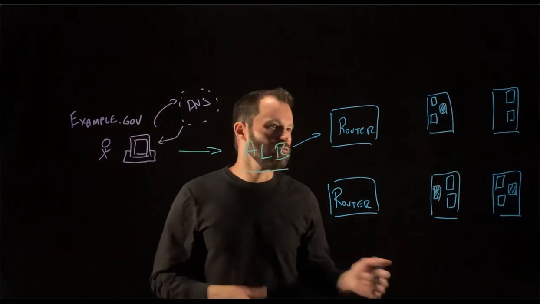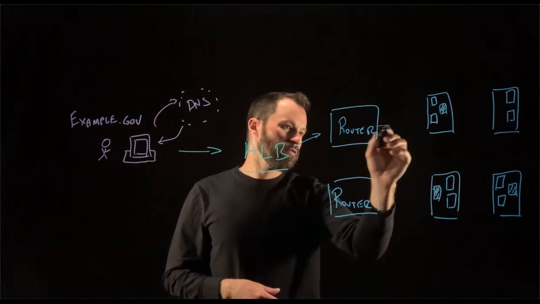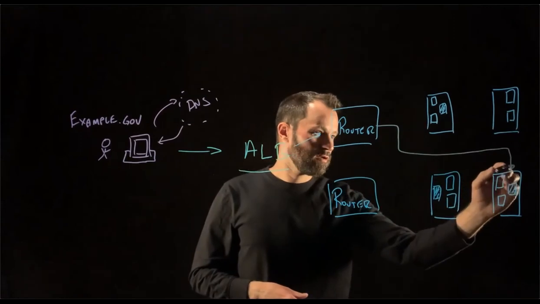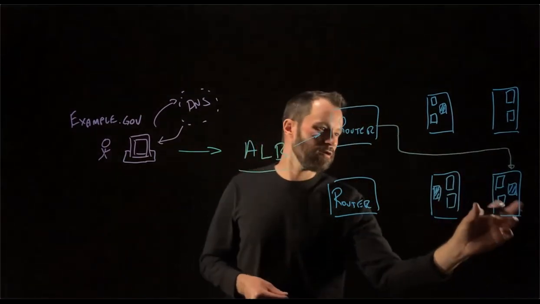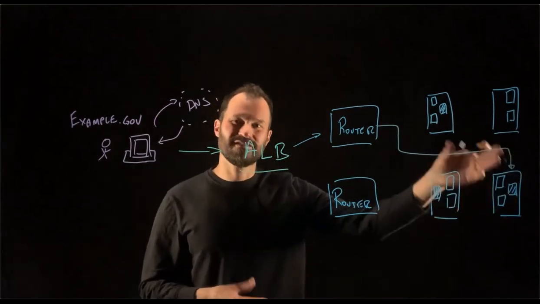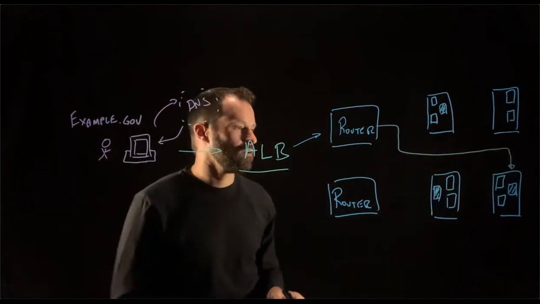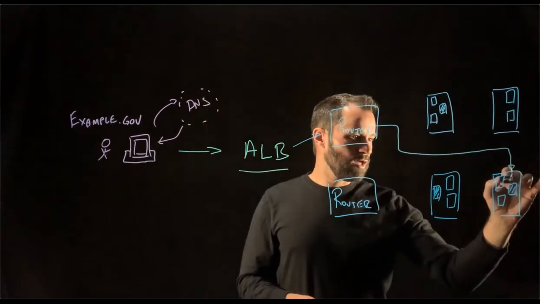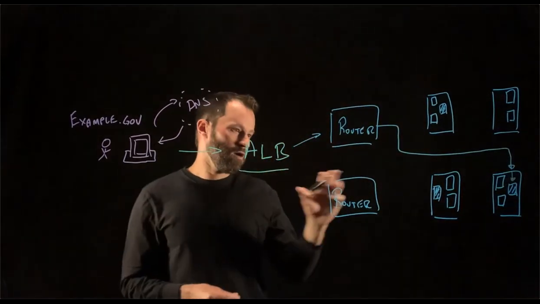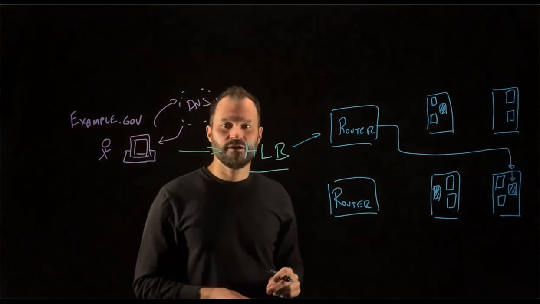It basically does round robin load balancing. So it'll pick one and say, okay, I'm going to send you over here. And you get sent to this virtual machine that's running all those containers. It's called a cell. That cell will get the request, and it will forward the request on to your particular application instance.